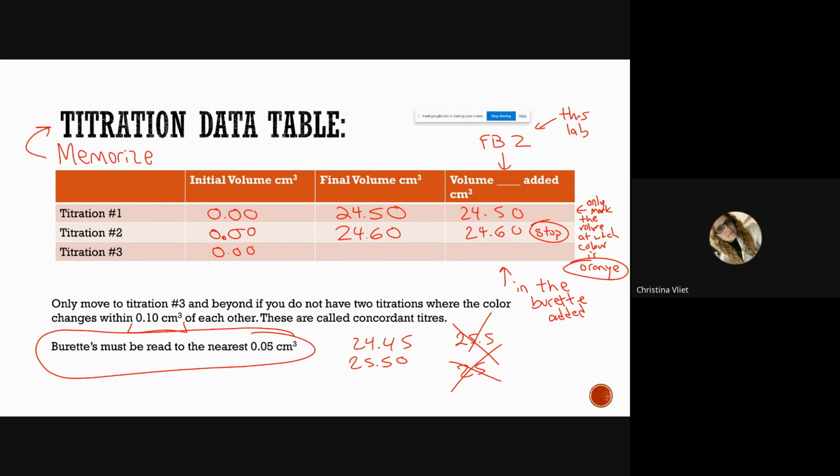You're at FB3. You need more water. All right, you've got 20 minutes to do your titration. Get your rough titration done. Get that original. All of it? Yes.